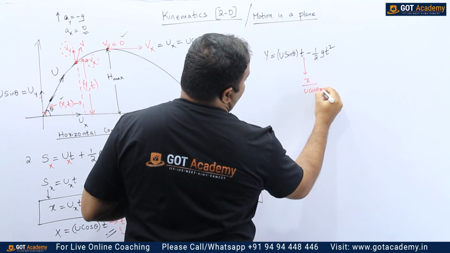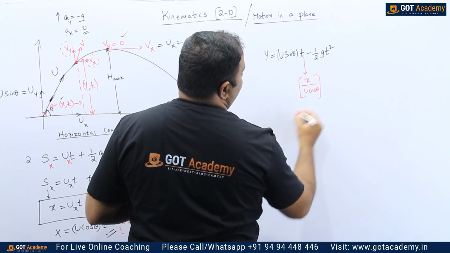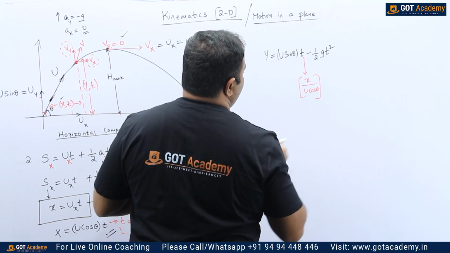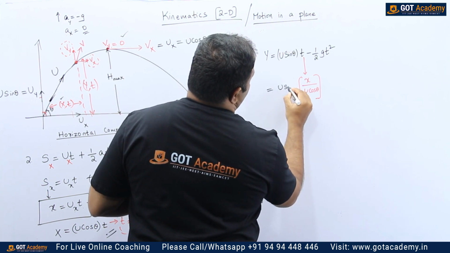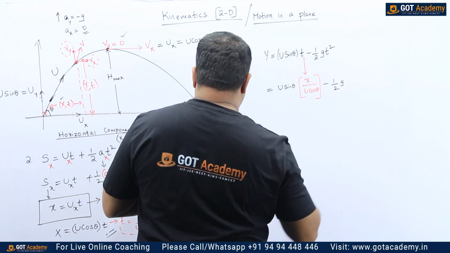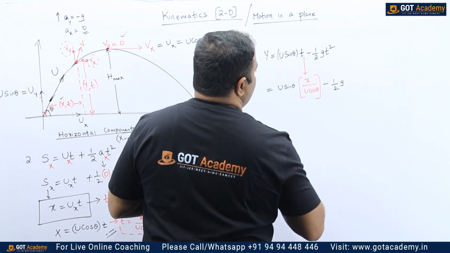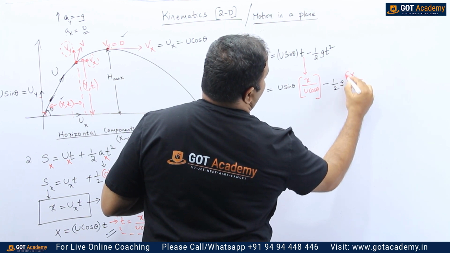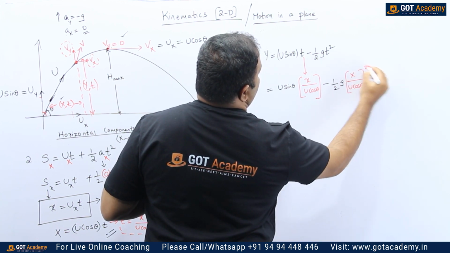So y is u sin theta into x by u cos theta, minus half g into x by u cos theta whole square.